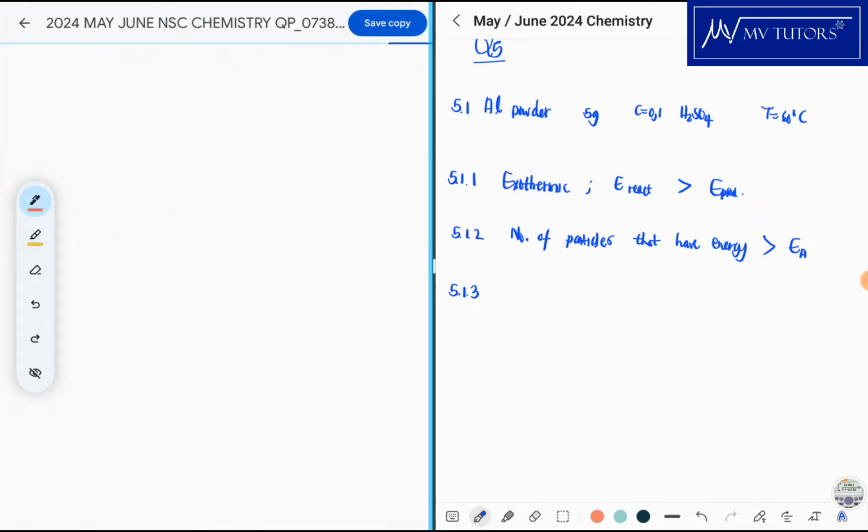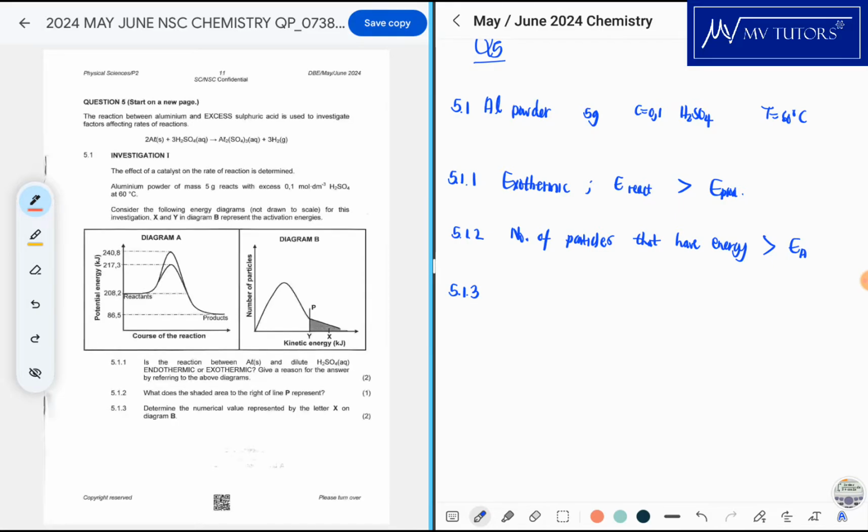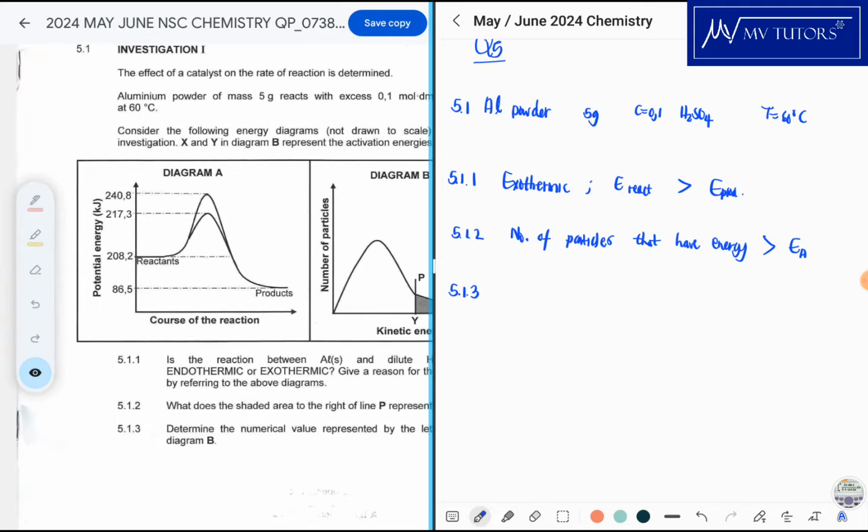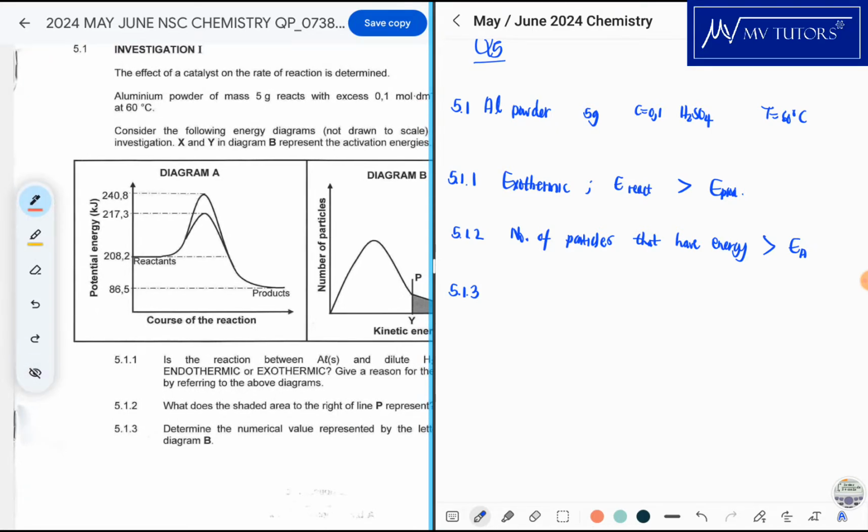So diagram A shows the effect of having a catalyst. Okay, and I'm going to show you right now. So basically, this is the effect of having a catalyst. Your activation energy, this was before, has now been reduced.